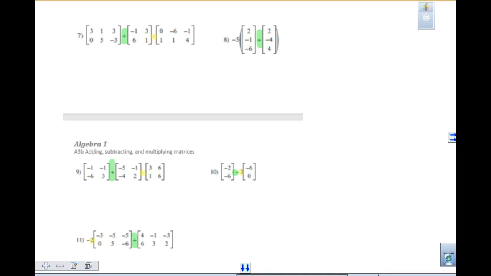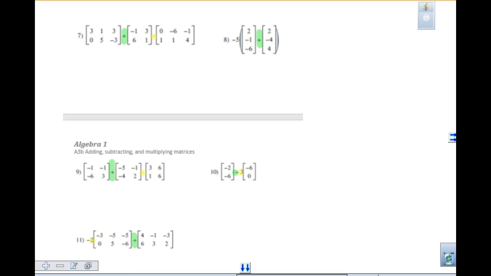It's a mix. Some of them, like number 8, you add first, then you take everything times -5, right? Here you have to multiply by -3, and then you have to add them together or subtract them, right? It'd be a really long homework quiz, wouldn't it? How cruel that would be.